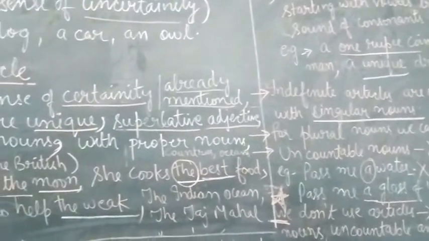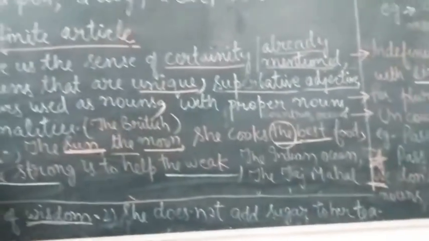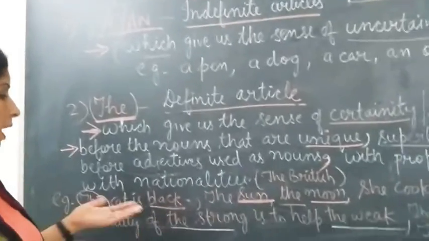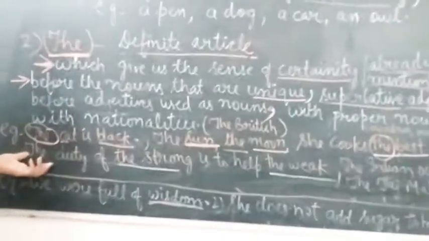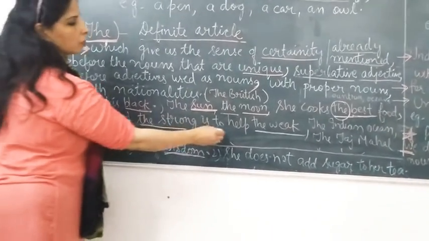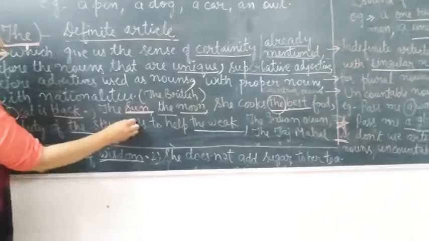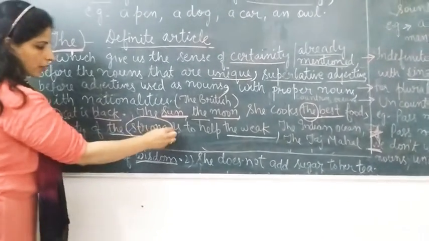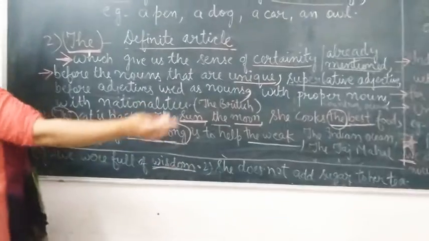Then before adjectives used as nouns. Sometimes in sentences some adjective words are used as nouns. How? I have taken one example here: The duty of the strong is to help the weak. Here I have taken strong as a noun. Whose duty?